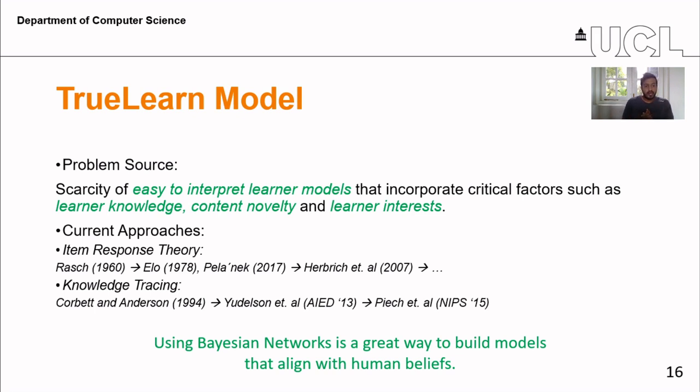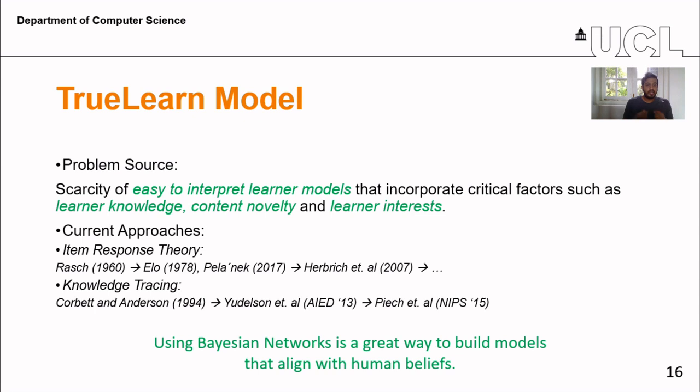So currently there are two popular approaches that are being used in the educational data mining community. One is item response theory, the other is knowledge tracing. One of the interesting common grounds between these two methods is they are both Bayesian methods and they both retain interpretability to some extent. So if you're familiar with a bit of machine learning, item response theory is a method that is used to learn the difficulty of the questions and the skill of the learner at the same time.